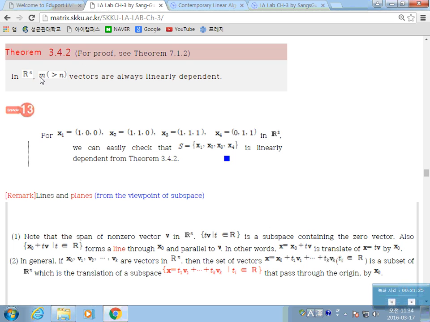In Rn, if m is bigger than n, then m vectors are always linearly dependent. In Rn, if you have more than n vectors, then it cannot be linearly independent. That's it.